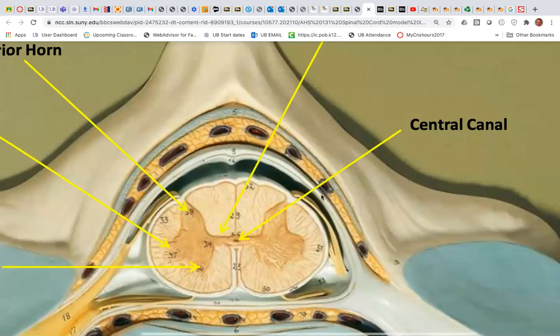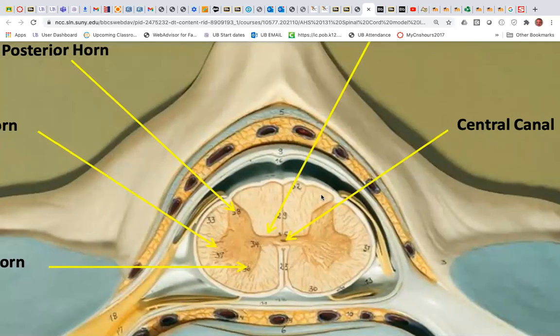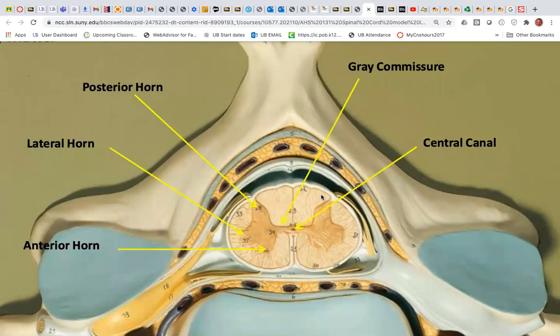Okay, now we're going to look at some of the anatomy that's within the spinal cord. Now, one thing that I want to point out to you is everything on the outside is white matter. When you hear the term white matter, it means that it is myelinated.